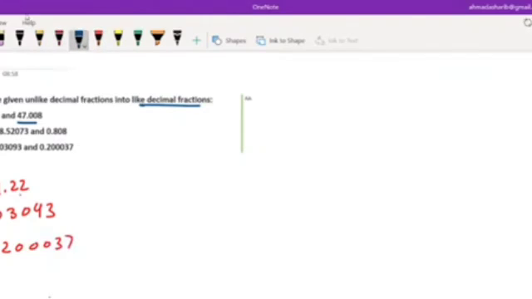So as you can see here, you are having 2 digits after the decimal, here 5 digits after the decimal, here 6 digits after the decimal.